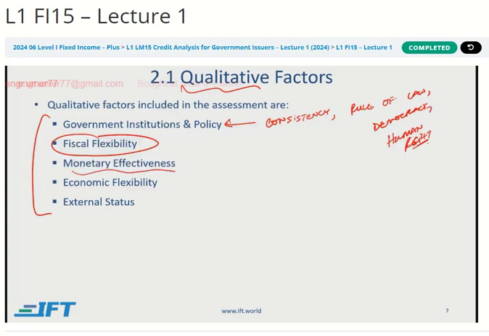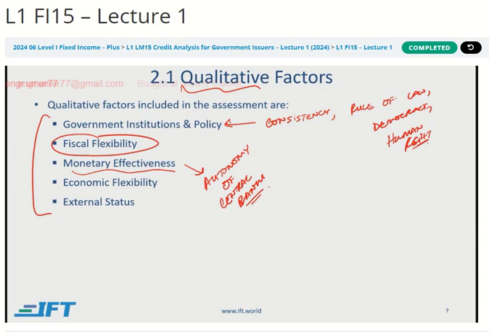Monetary effectiveness is related to the autonomy of the central bank. In a lot of countries, what we have seen is that the politicians really influence the central bank a lot, and they force them to print money and make it available for the government to spend, which is very bad because that's inflationary, right?